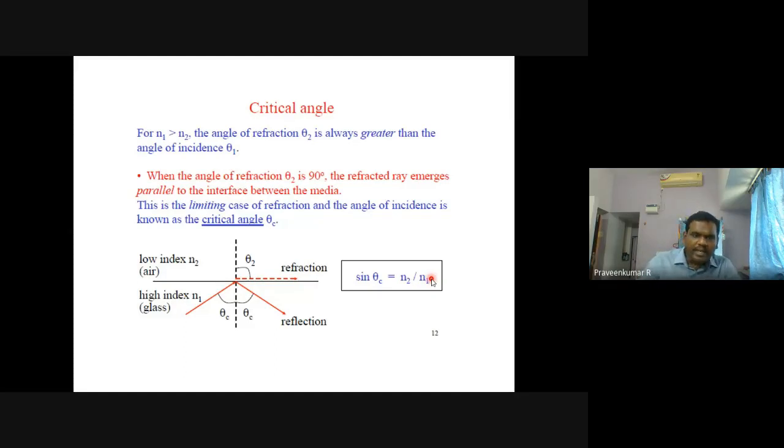What is the need, or why do we have to analyze the critical angle? If you are not analyzing the critical angle theta c, or if we go beyond the critical angle theta c, definitely the signal will not travel into the core. You have an issue, or you have a loss.